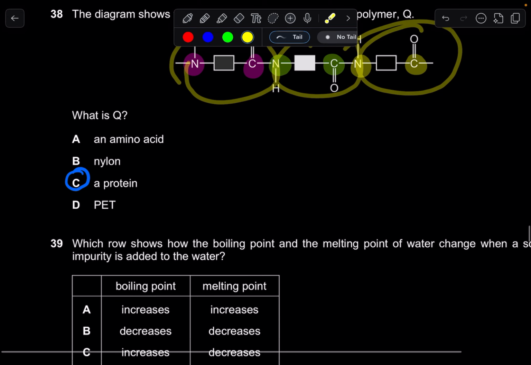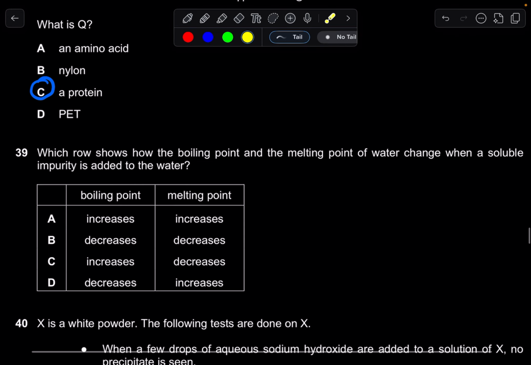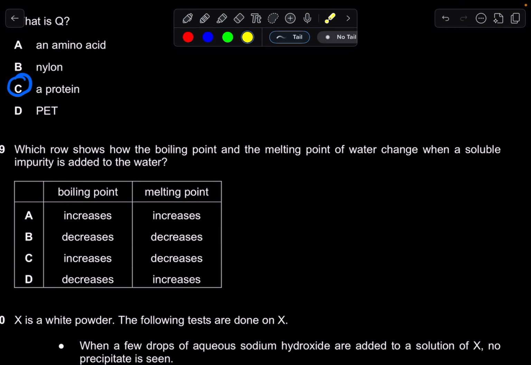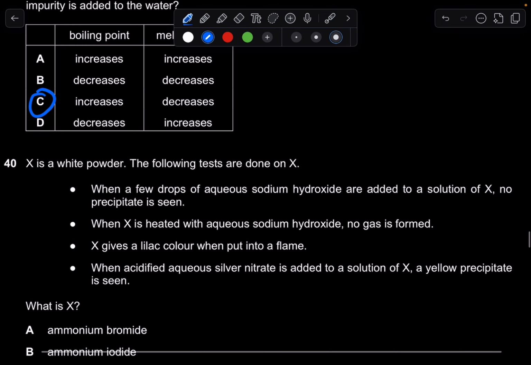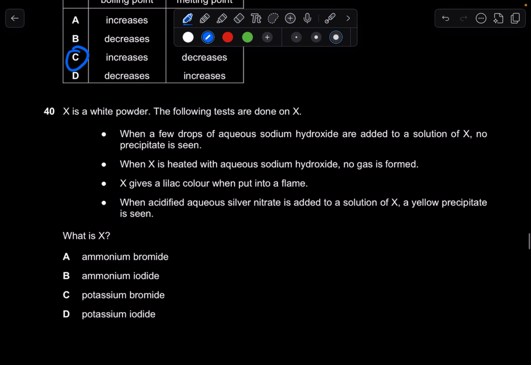Okay, which row shows how the boiling point and the melting point of water change when a soluble impurity is added? So basically, impurity increases your boiling point and decreases your melting point. Okay, X is a white powder. The following tests are done on X. Now we have some kind of qualitative analysis questions, so you have to learn the table for this.